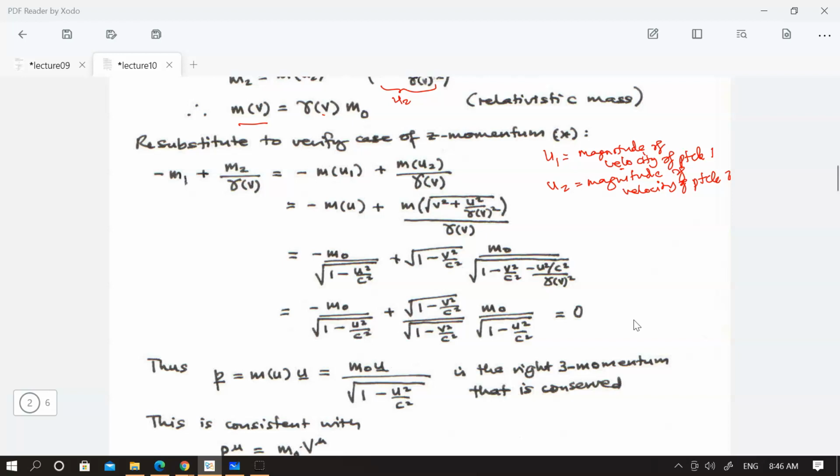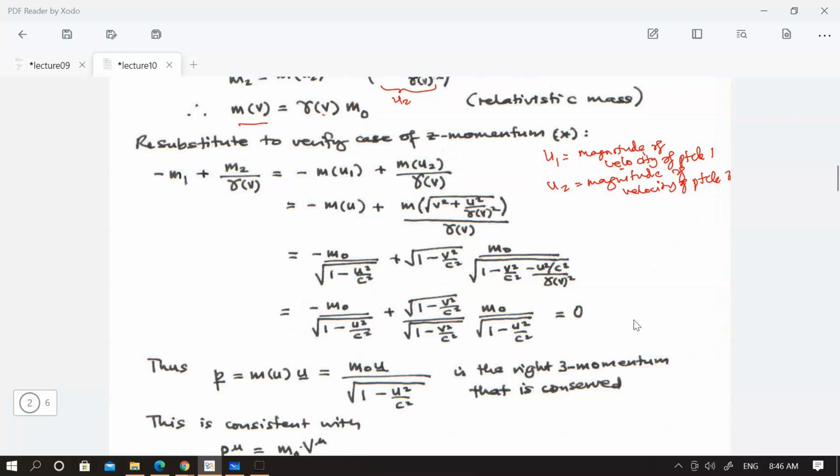So I would need to have m as a function of u given by this formula. So I'm going to replace this v by u. Okay. So I have the m naught times gamma u, and gamma u is 1 over square root 1 minus u squared on c squared.